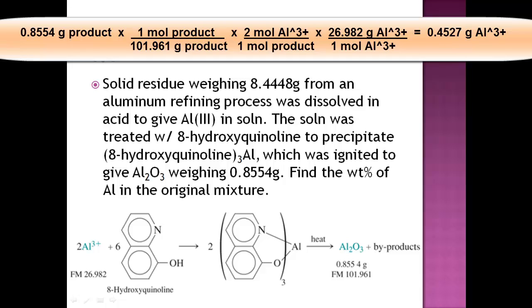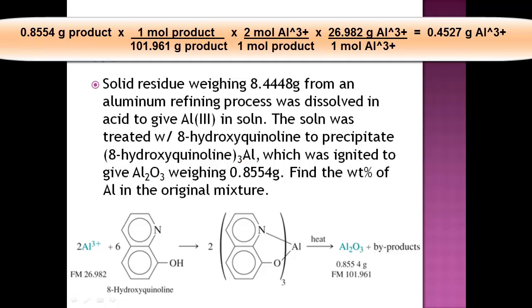So you take the product that they weighed, 0.8554 grams of aluminum oxide, and you know the molecular weight of the aluminum oxide, so you take grams to moles of aluminum oxide. Now for every 1 mole of aluminum oxide, how many moles of aluminum are there? 2, right. So you take those 2 moles of aluminum and convert to grams with the formula mass, which is 26.982. If you do all that, you should get 0.4527 grams of aluminum.